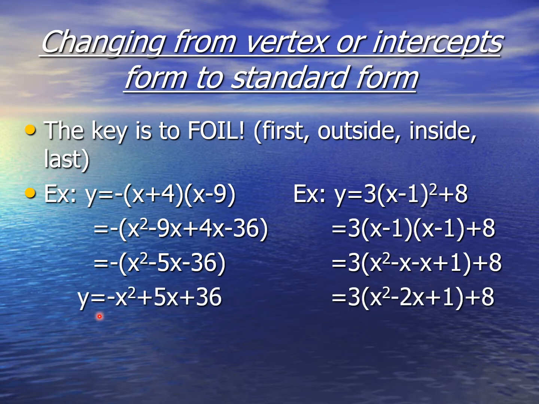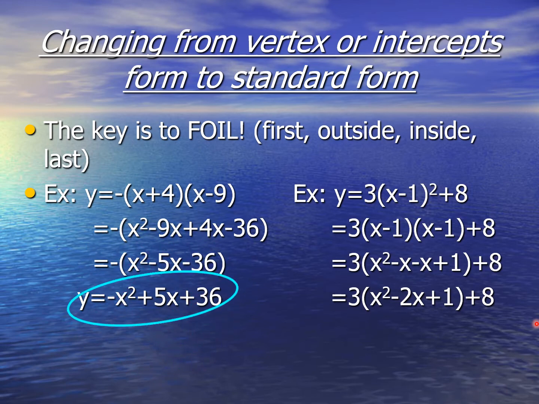Then the first one here, y equals negative x squared plus negative times negative 5x, negative times negative 36. Then in here, we have 3 times x squared minus 2x plus 1 plus 8.